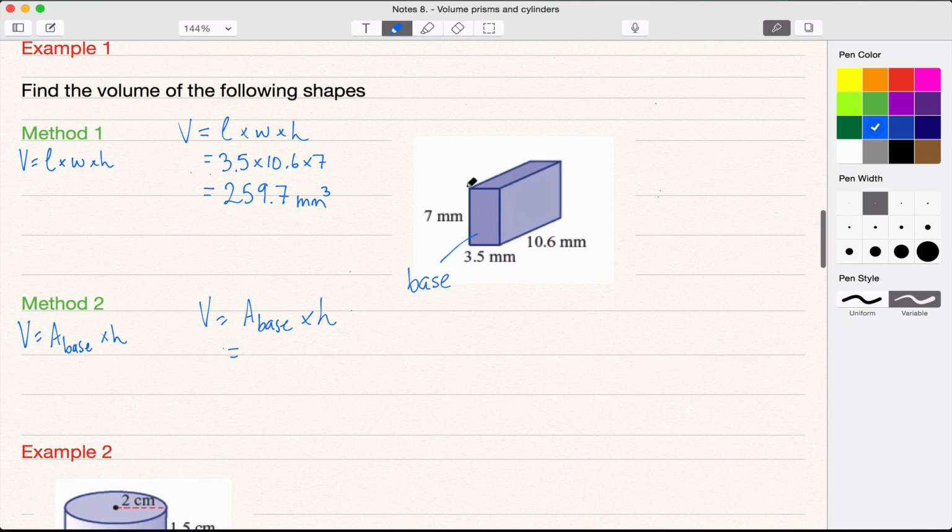So the area of the base is just going to be 7 times 3.5. And then we times it by the height, which is going to be this length, which is this one, 10.6. Put that into the calculator and you end up with the same solution we had to the previous problem.